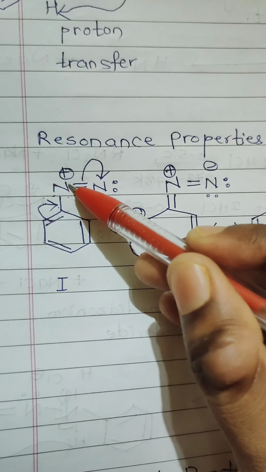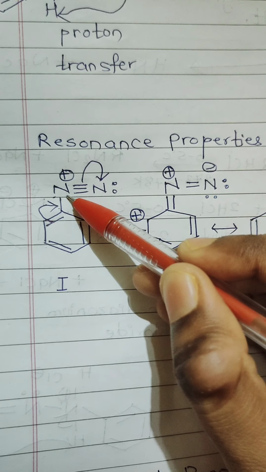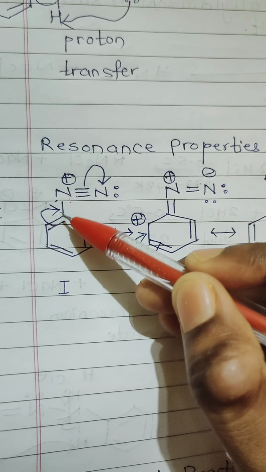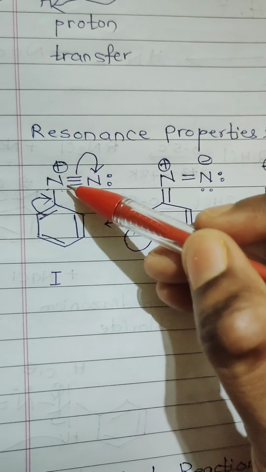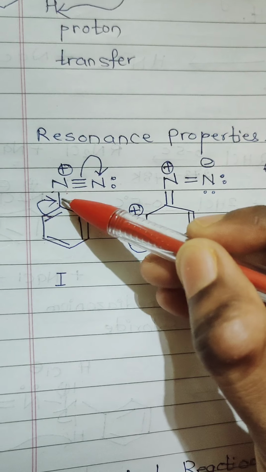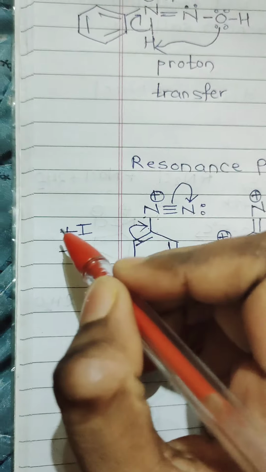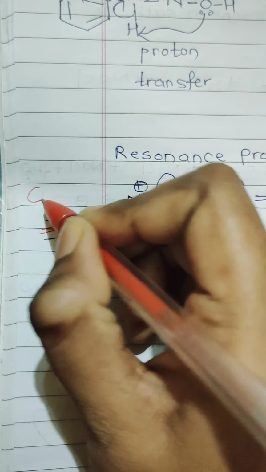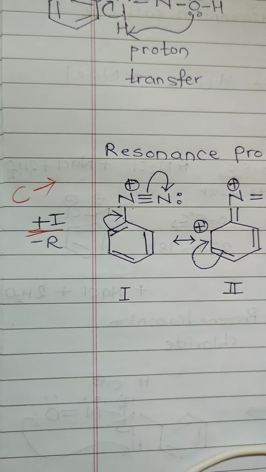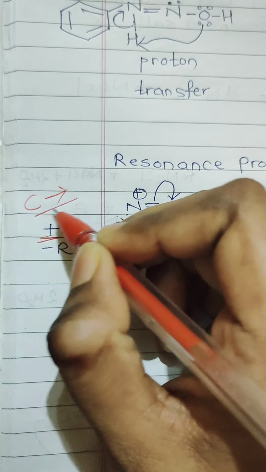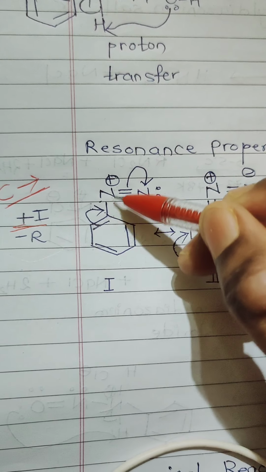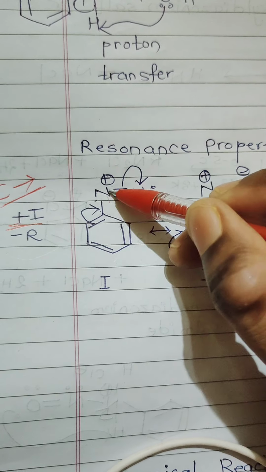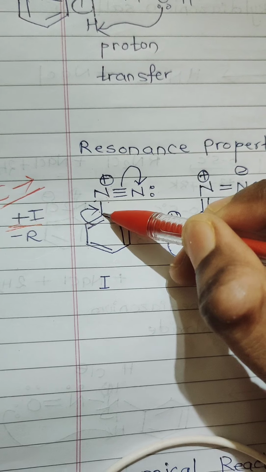Amongst carbon and nitrogen, nitrogen has more electronegativity and it will attract electrons. These pi electrons will go to the nitrogen, hence we see plus I here. Plus I is always between the directly attached atoms, like nitrogen and the carbon.